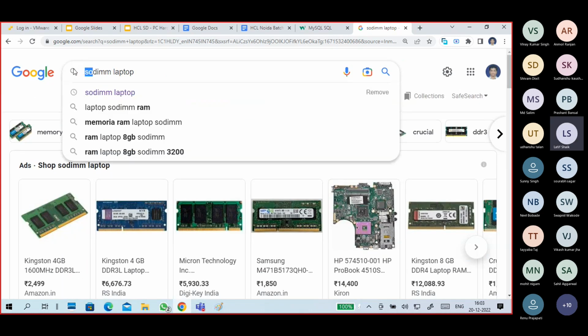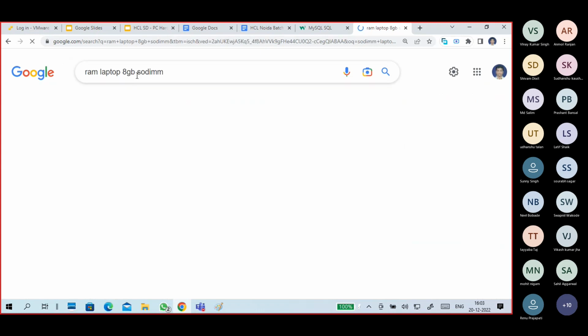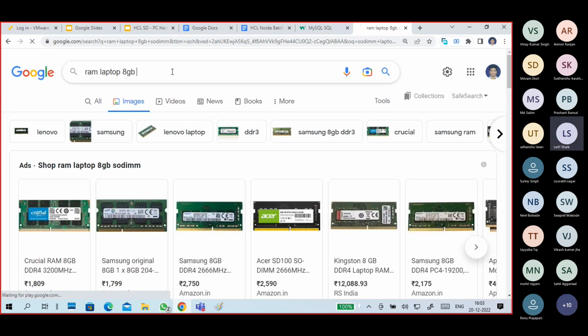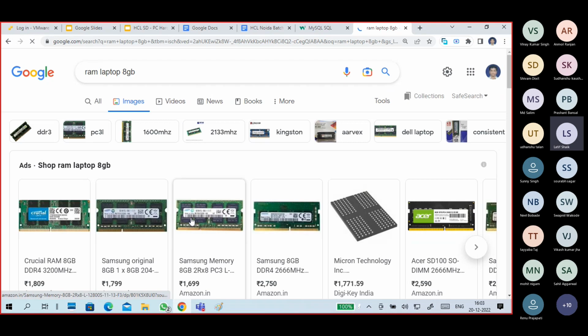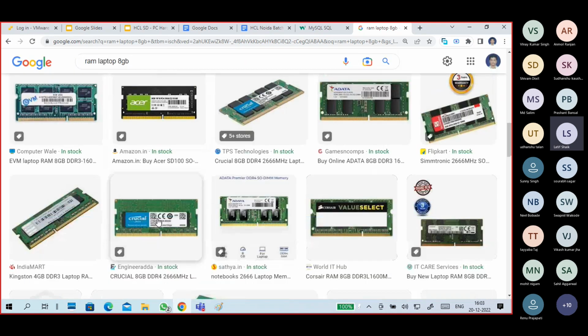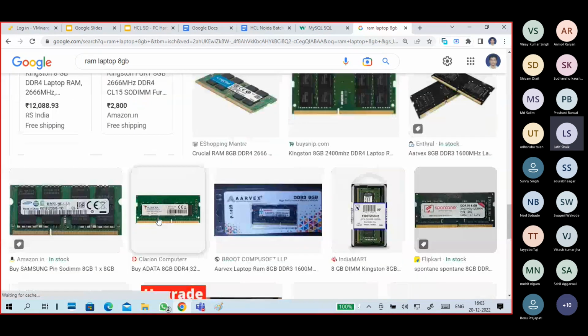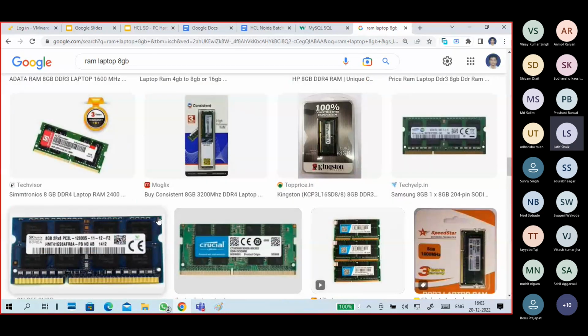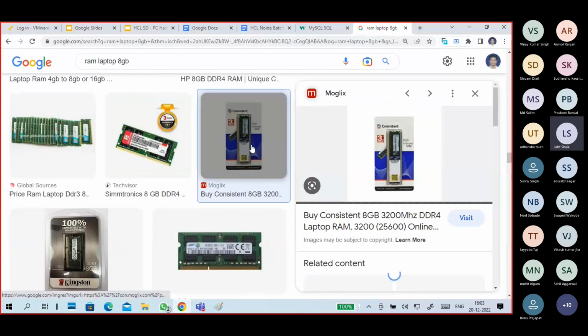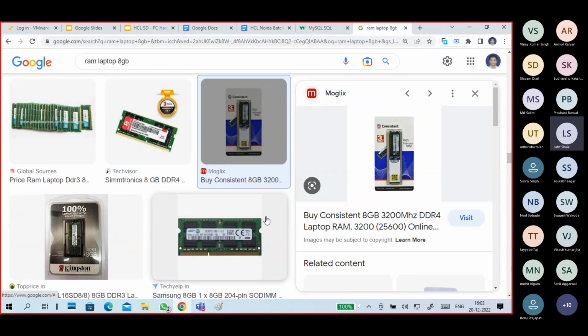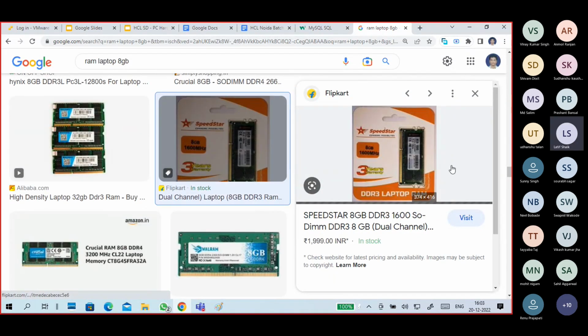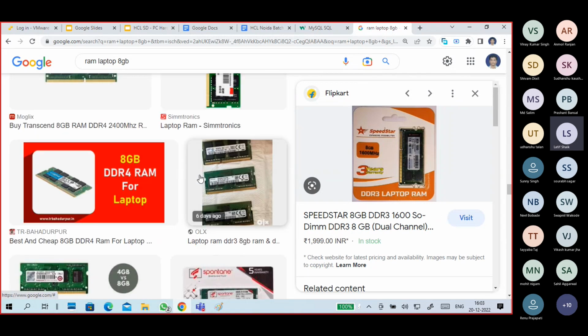Normal RAMs look lengthy. These are all SODIMM type only. I didn't find any normal RAM. This is a normal RAM, a little lengthy. This is smaller, that is the small outline memory module type. SODIMMs are like that.